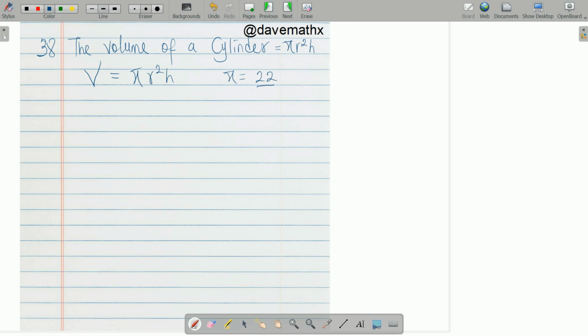Note that pi is always 22 over 7. Our radius was 7 while our height was 10. Then we have our volume as 22 over 7 times 7 squared times 10.